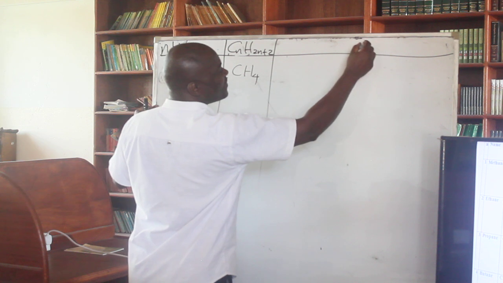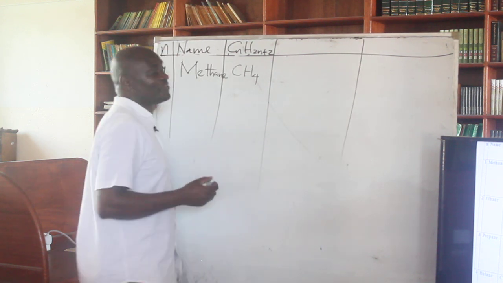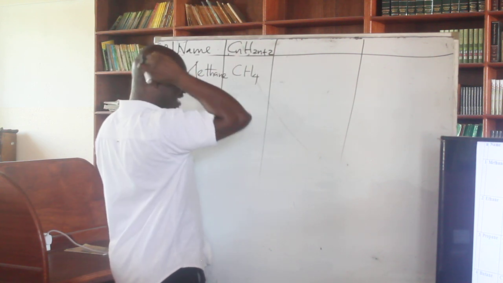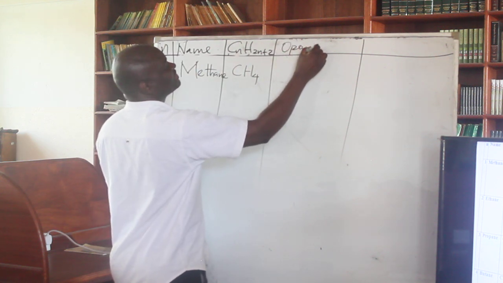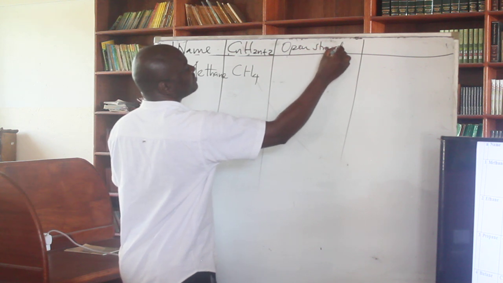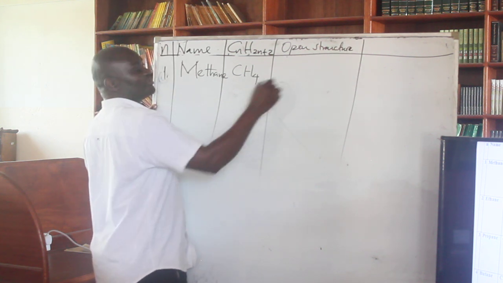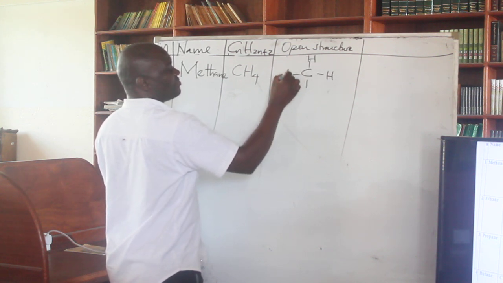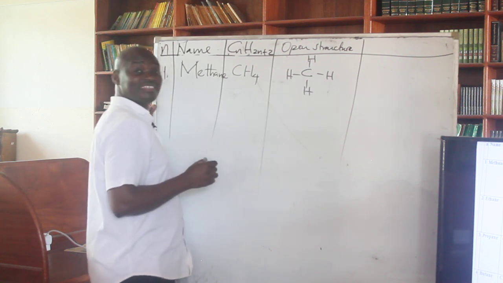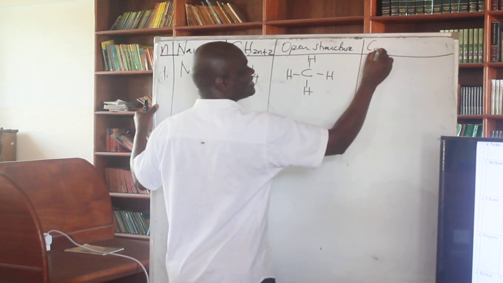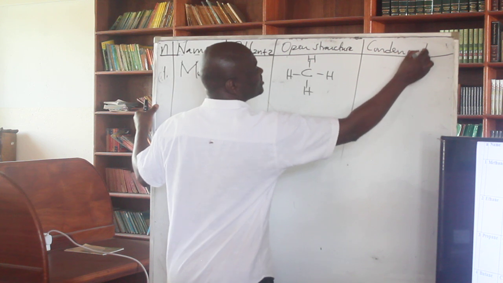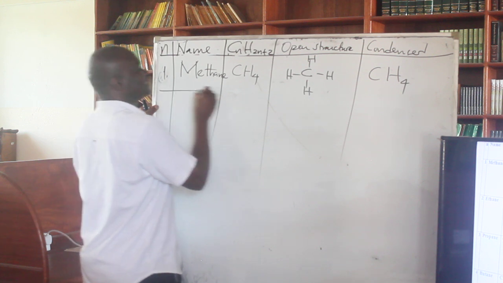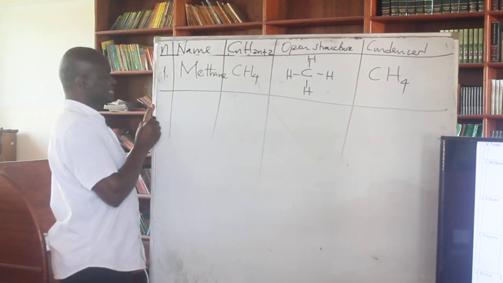The open structural formula, that is the open structure, will be 1 carbon with 4 hydrogen like this. The condensed structure will be CH4. So that is our first alkane.